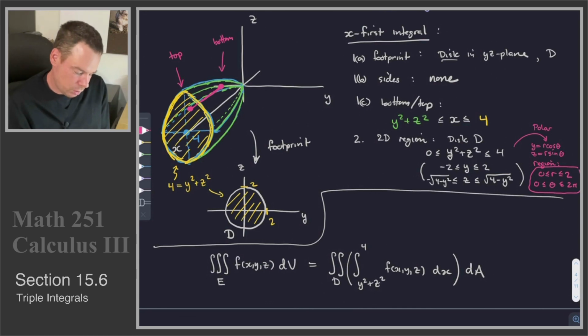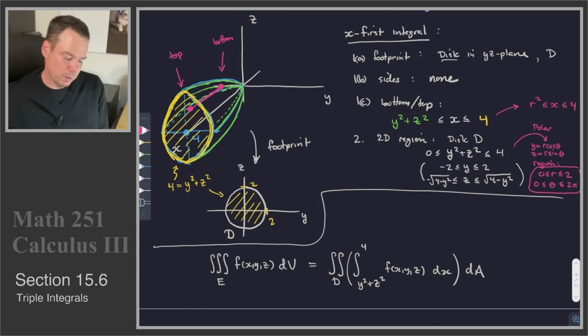But if we're going to switch to polar, we might as well switch everything to polar. So that means switching this to polar, y squared plus z squared, that is r squared. So that becomes r squared is less than or equal to x is less than or equal to 4. So there's essentially our limits of integration for x in polar coordinates.